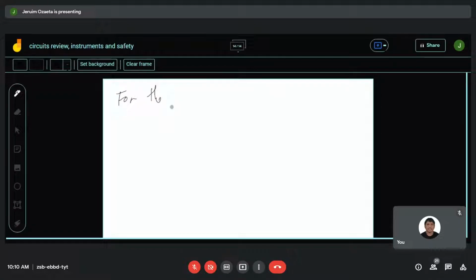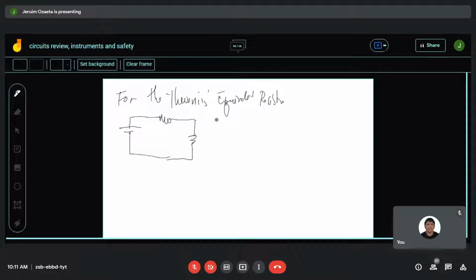So, for the Thevenin's equivalent resistance, you have the source, you have the equivalent resistance.